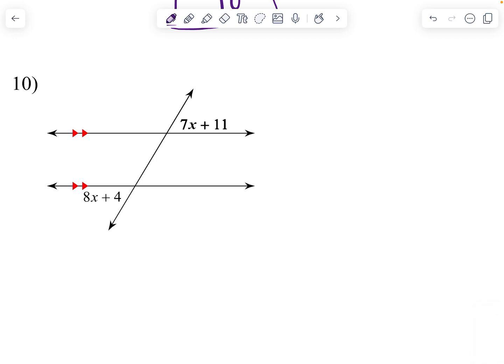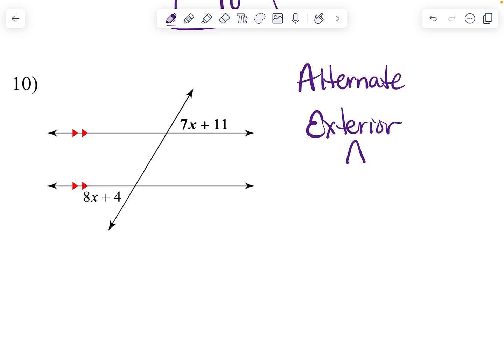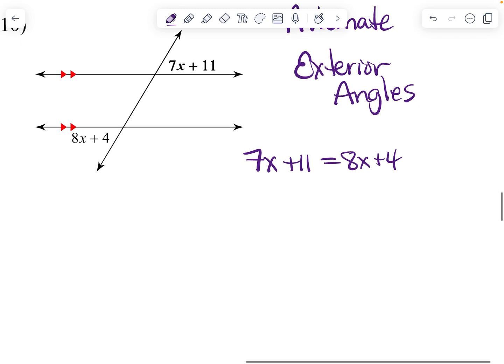Okay. These are both exterior angles, and they're on opposite sides. So that means these are alternate exterior angles. Alternate exterior angles are congruent to each other, or their measure is equal to each other. So I am going to set them equal and solve.